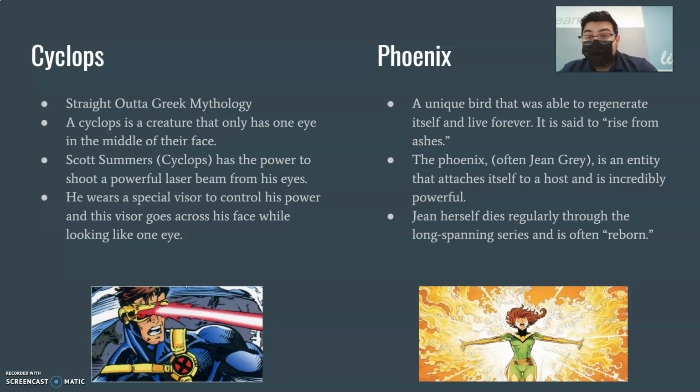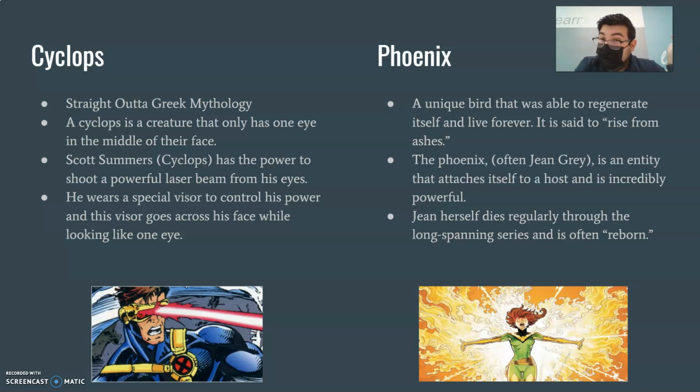Next, we got Phoenix. The Phoenix is a unique bird that was able to regenerate itself and live forever. It's said to rise from the ashes. So once it's dead and burned up, it rises from those ashes and becomes something new. It's reborn.